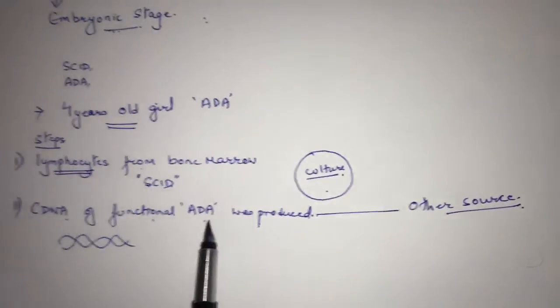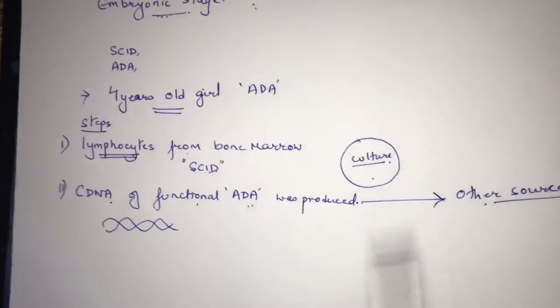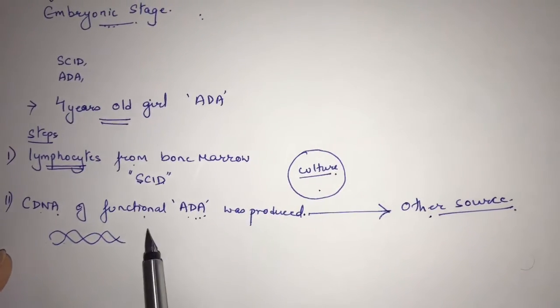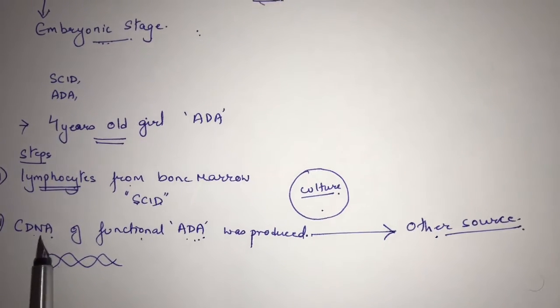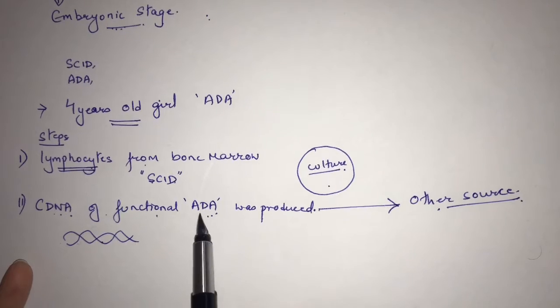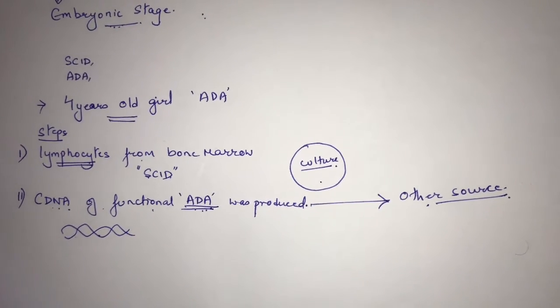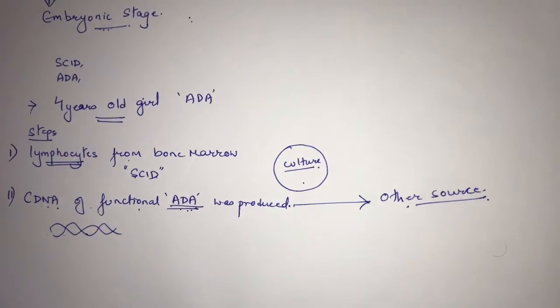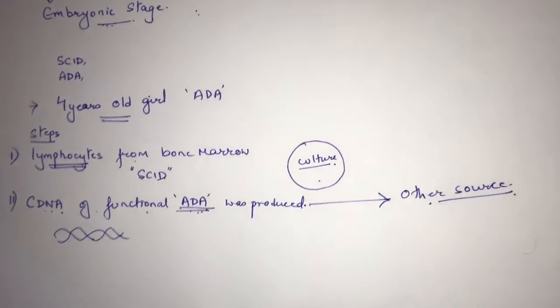So from any other source, cDNA of functional ADA was produced, the DNA which can code for this functional adenosine deaminase, produced biotechnologically.